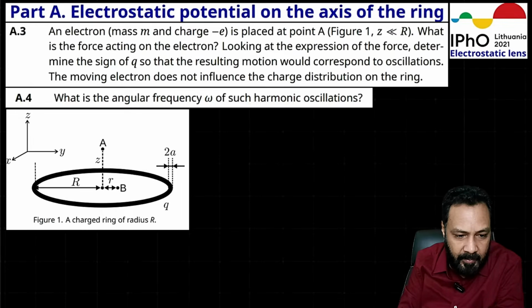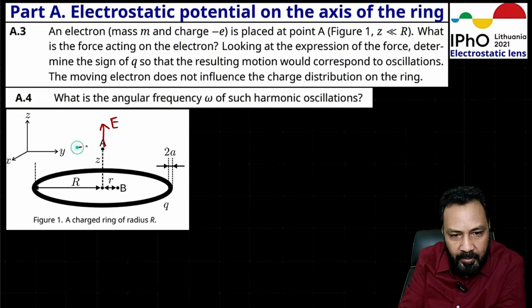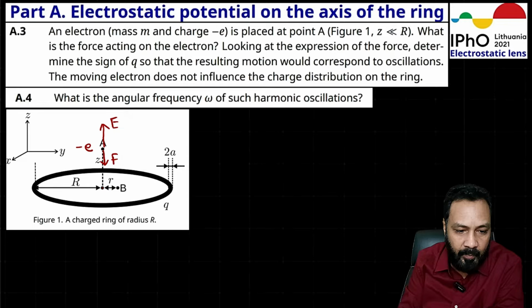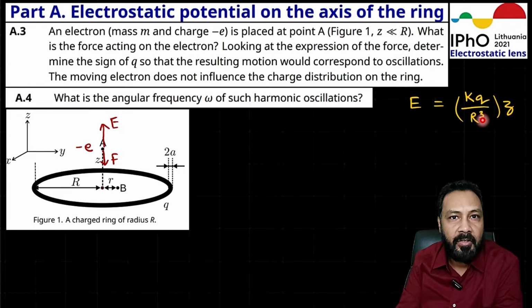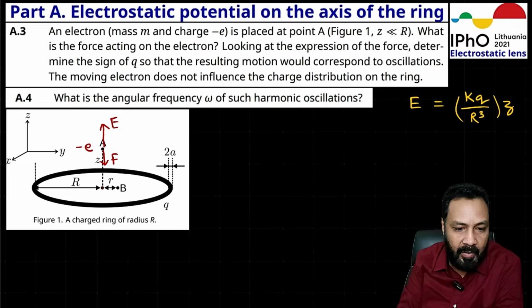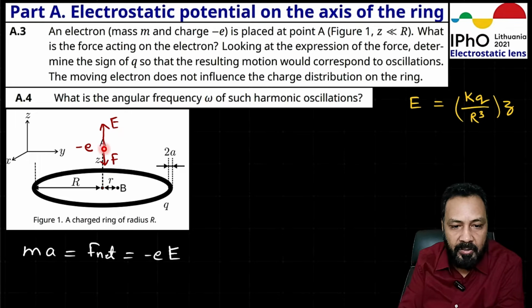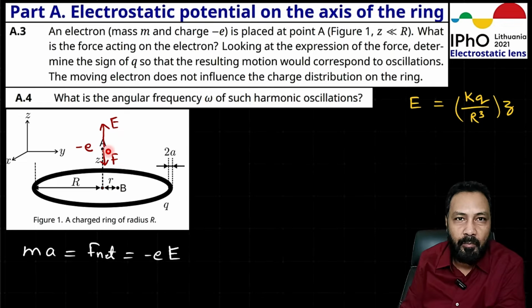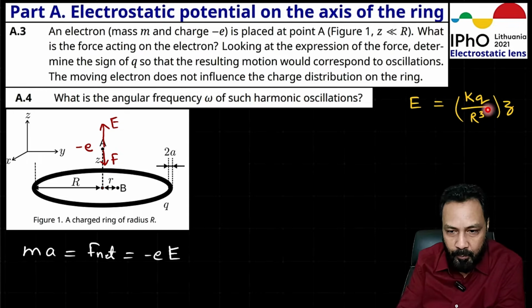So once again here the electric field is along this direction, and if we put an electron here, it will experience a force F in this direction towards the center. So this E we had written as kqz by r cube, and now apply ma equal to F net. F net is this F, so F net would be minus e into E, and put the value of this electric field here.